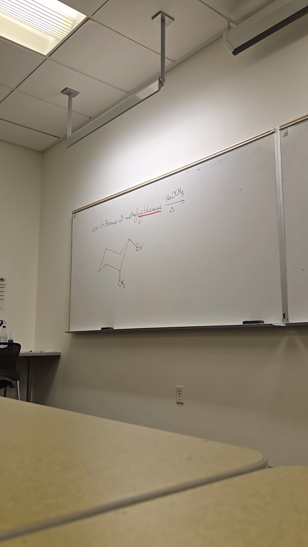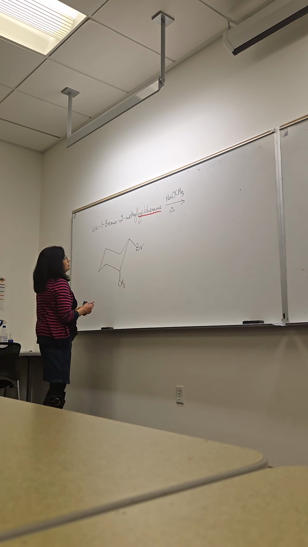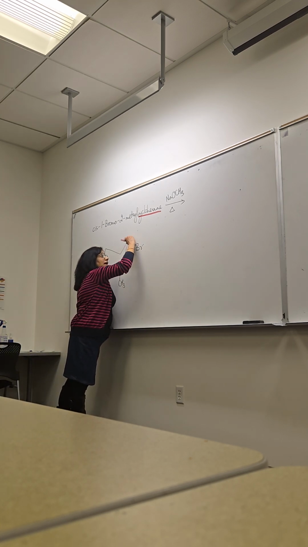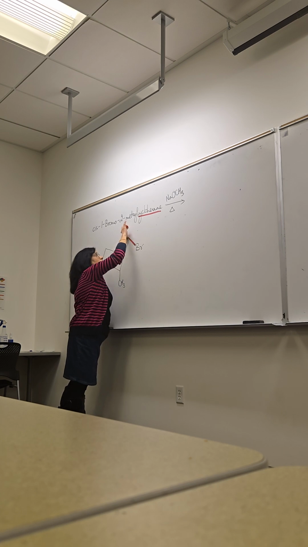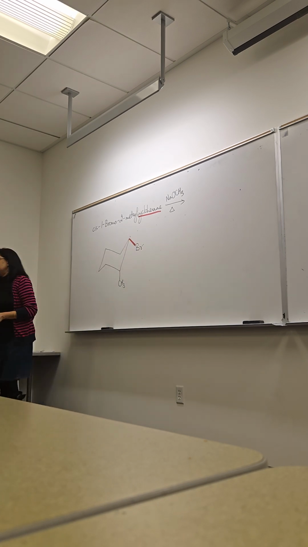In this structure, is there any hydrogen on the beta carbon that's anti to this bond? On any side?